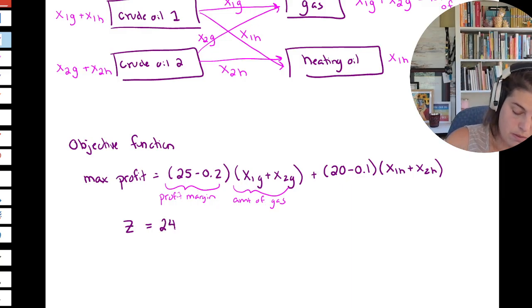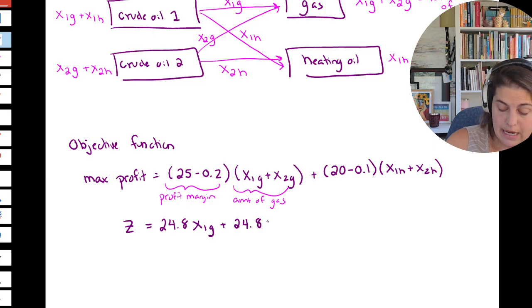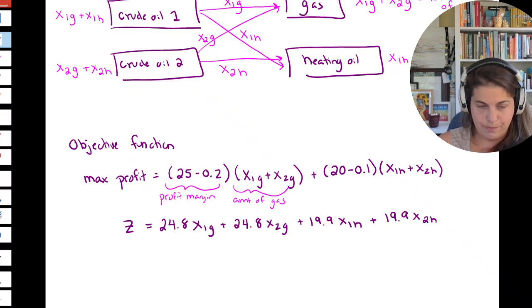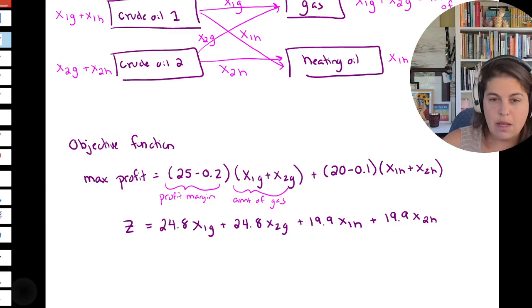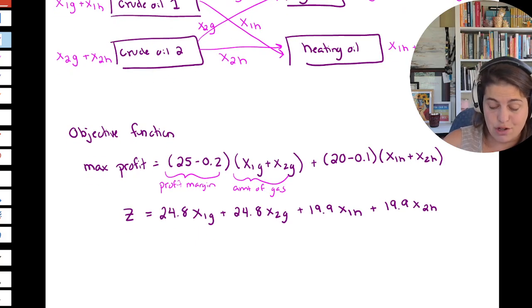So it'd be like 24.8 x1g plus 24.8 x2g plus 19.9 x1h plus 19.9 x2h. Okay?